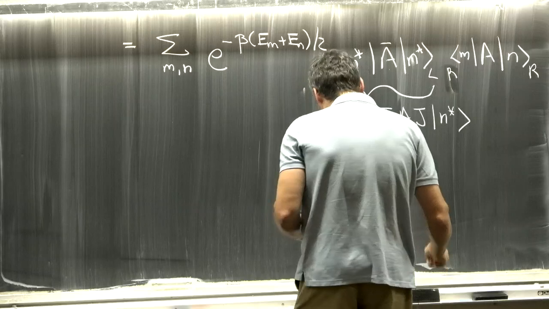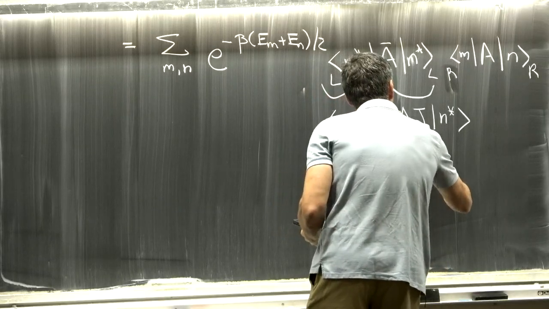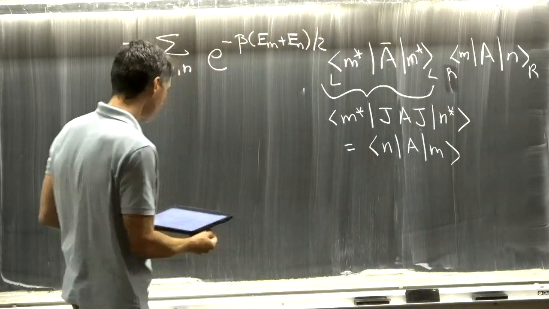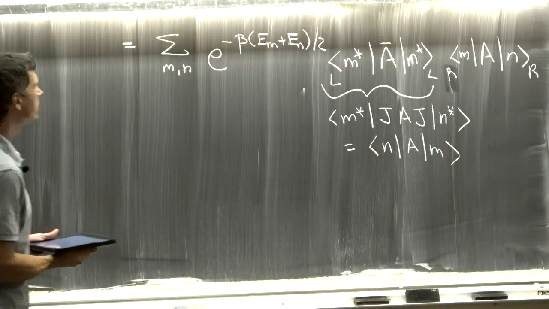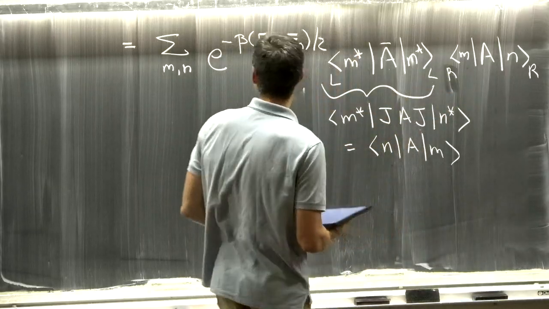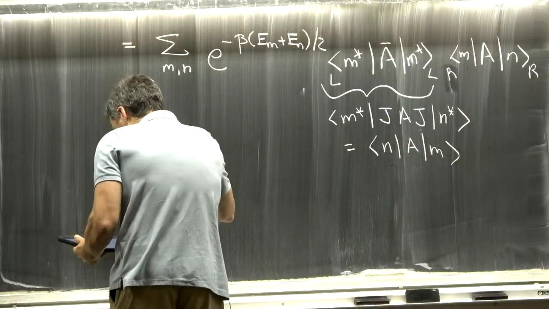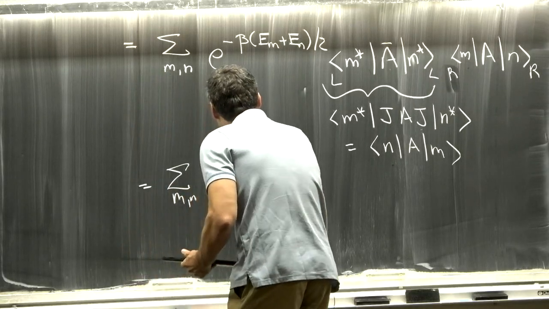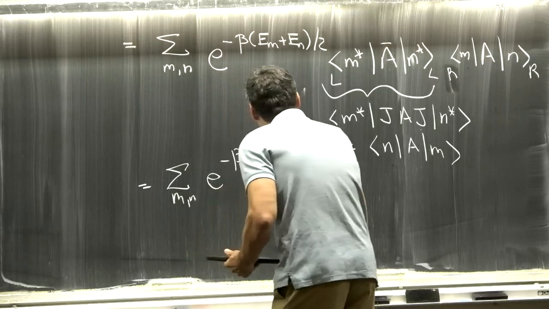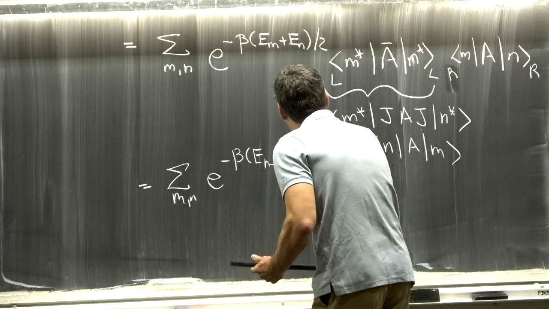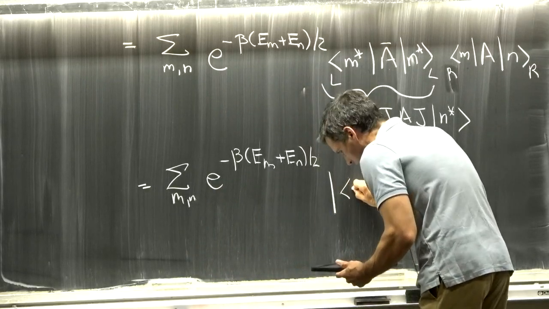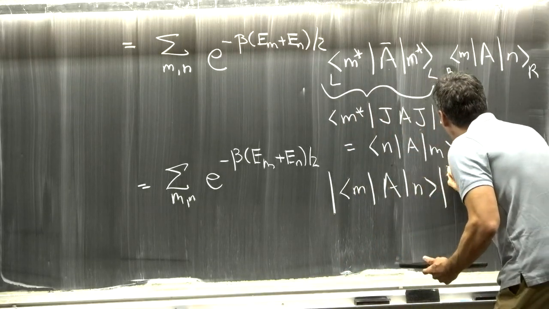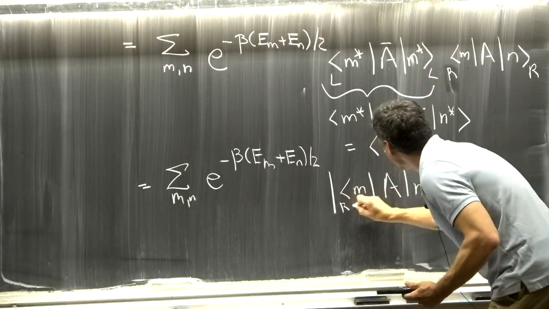So this we can write as N A M. So now these two things are conjugates of each other, and we can write this as the sum over m and n, e to the minus beta, E_m plus E_n over 2, times the absolute value of the matrix element m, A, n, mod squared, acting on the right.